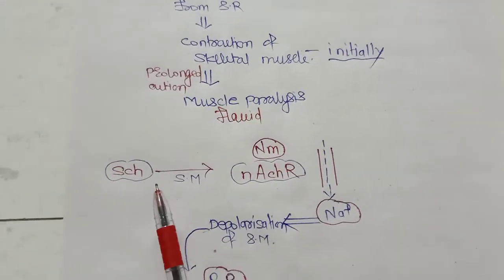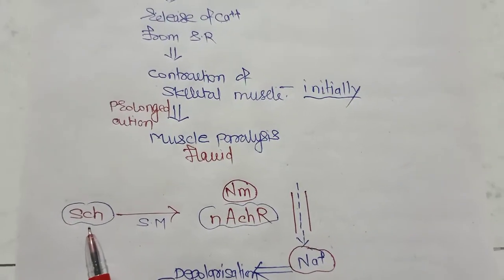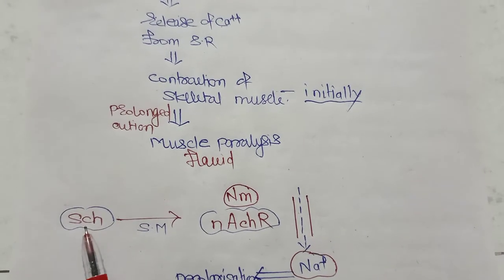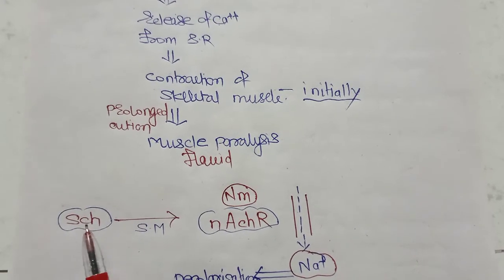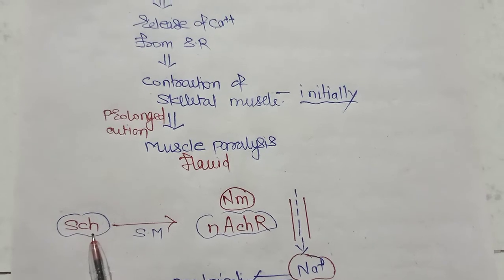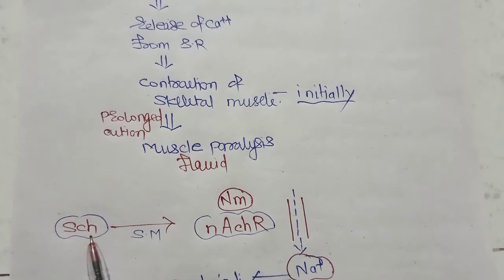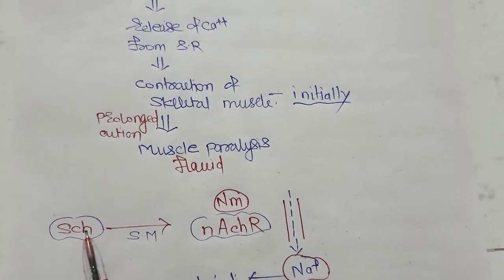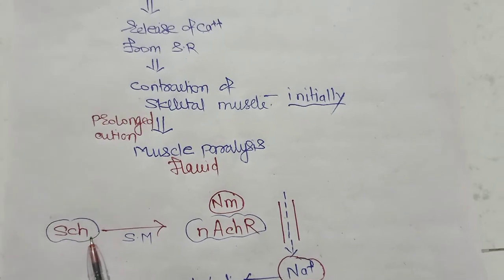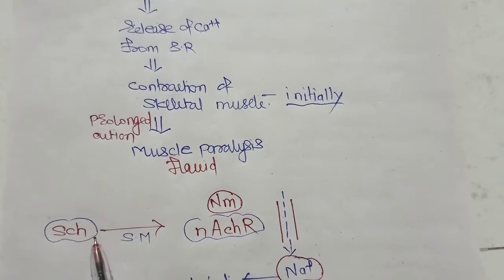Now here you can see succinylcholine. It is a quaternary ammonium compound, and a depolarizing neuromuscular blocker which is used for endotracheal intubation.